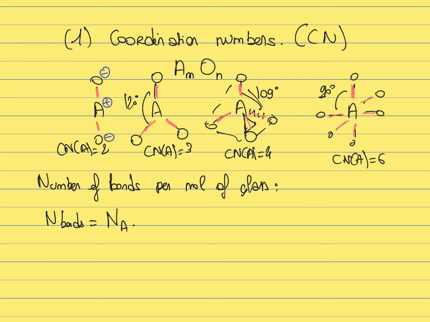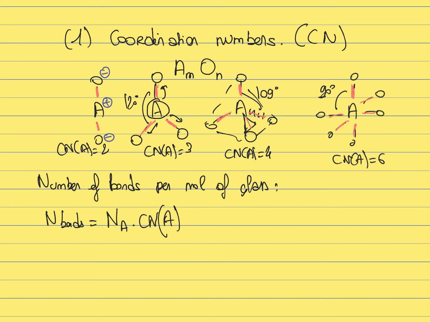One way to count those bonds is first to see how many cations you have, and then each cation is going to be forming a certain number of bonds with its neighbors, and this number of bonds is going to be the coordination number of the cation. So if I count how many cations I have, and I multiply this by the coordination number of the cation, then I will find the total number of bonds.